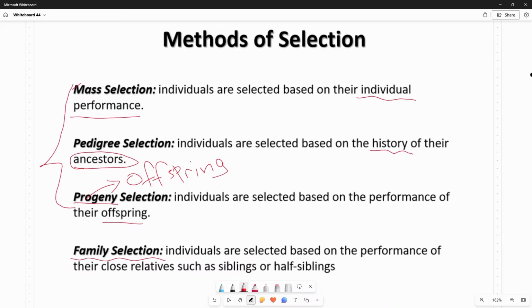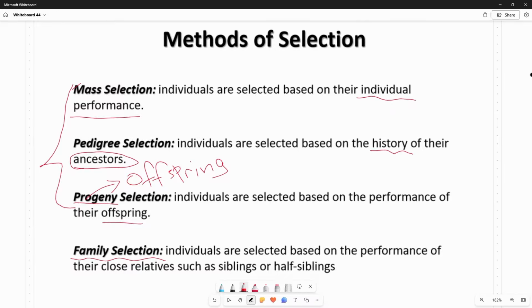We are not selecting the offspring here. We select the parent based on the performance of their child. We can see that the child is very good in terms of performance, then we select you to produce the next child again, because we hope that the next child you are producing will also inherit this performance, because we have seen this performance from your offspring. So that is progeny selection.